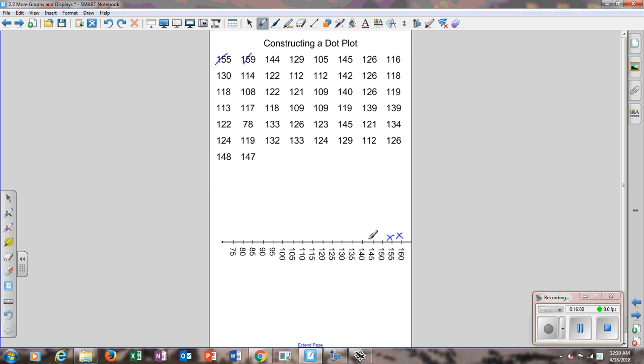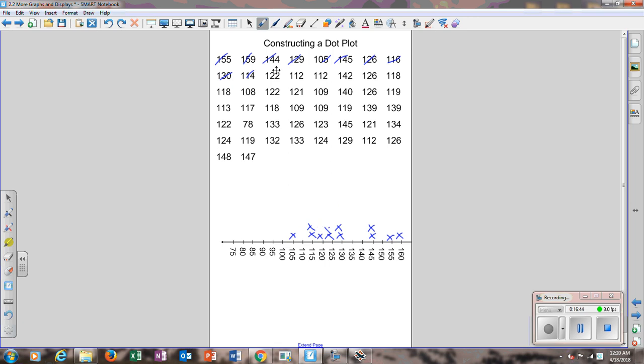Put an X. 144 closest to 145. 129 goes to 130. 105 stays where it's at. 145 stays where it's at. 126 is there. 116 goes to 115. 130 stays at 130. 114 goes to 115. 122, sorry, goes there.